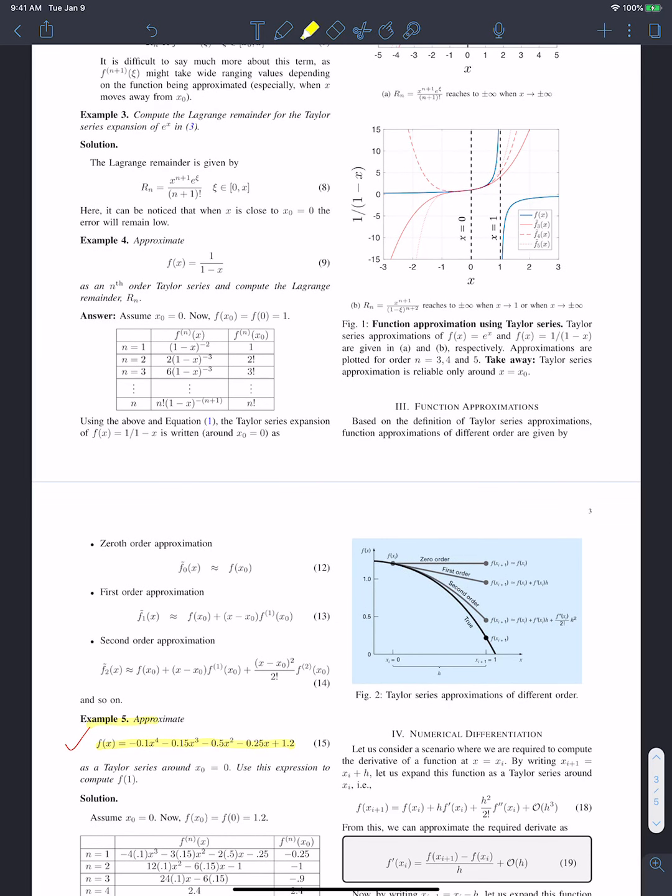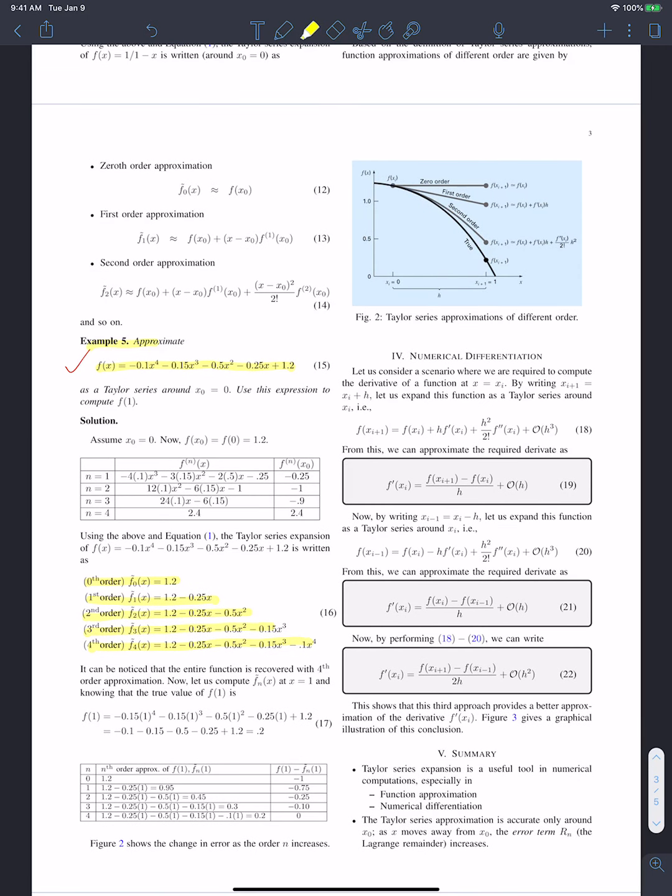For example, when you type cos 0.2 in your computer, the computer uses an approximation like this to compute the value. The value is very accurate because they use many more terms. We only do 2-3 terms, whereas they will use, I don't know, 50 terms, things like that. So with this, one of the applications of Taylor series is concluded.